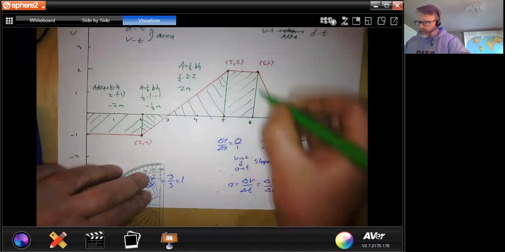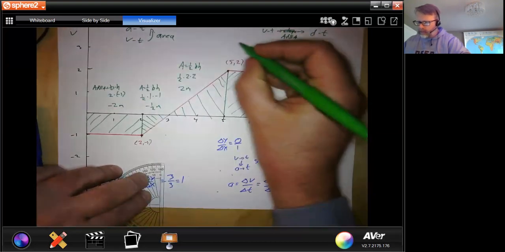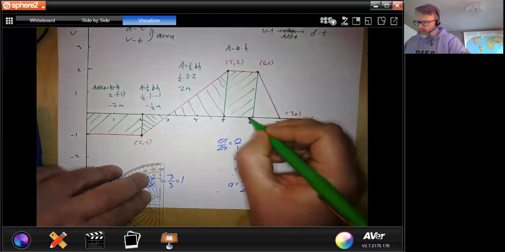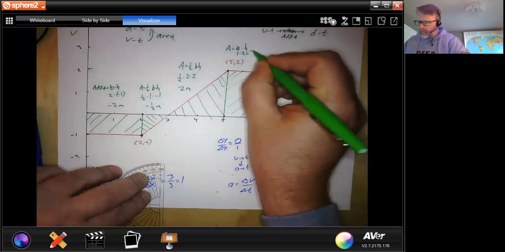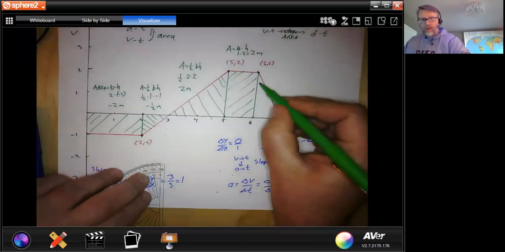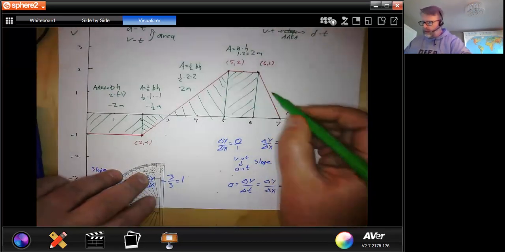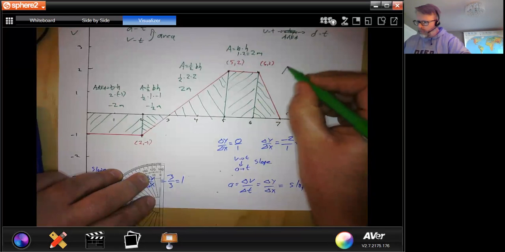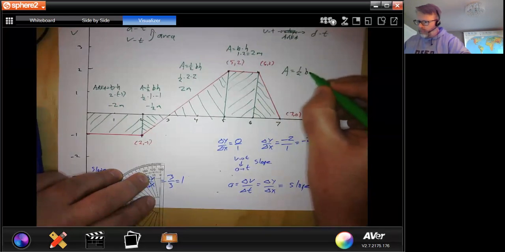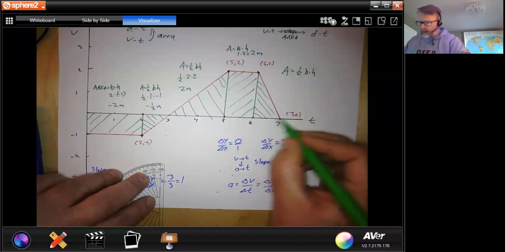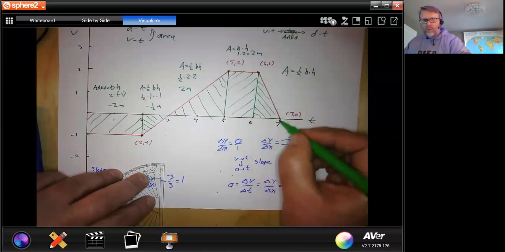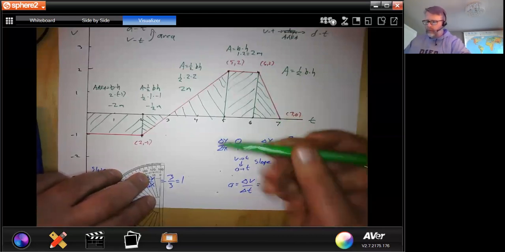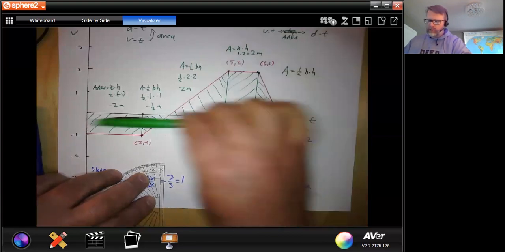My next area is a rectangle again. It went over 1 and up 2. And then finally we have the last triangle here. Even though it's moving down, it's slowing down while traveling forward, and we know that because it's above the 0 mark.